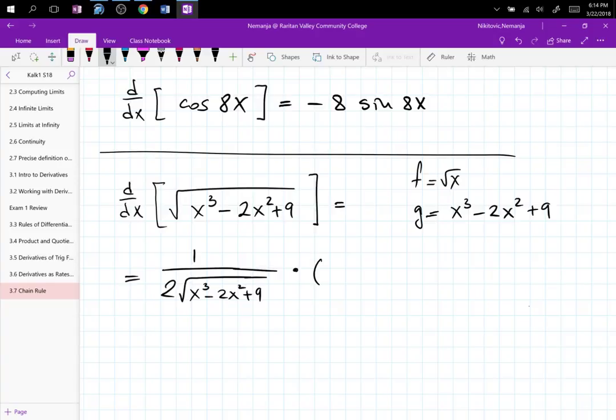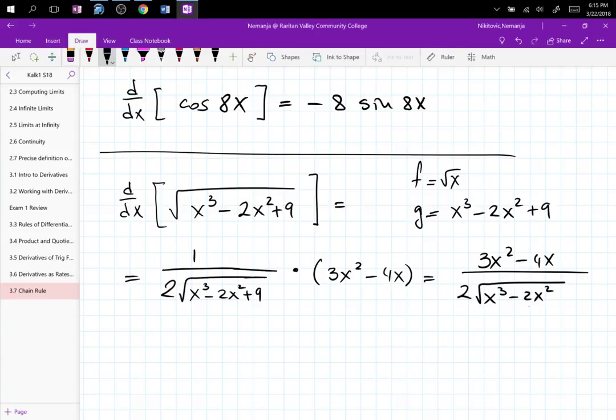So what is the derivative? 3x squared minus 4x, good. So now we just put this together on the same line: 3x squared minus 4x divided by 2 times the square root of x cubed minus 2x squared plus 9.